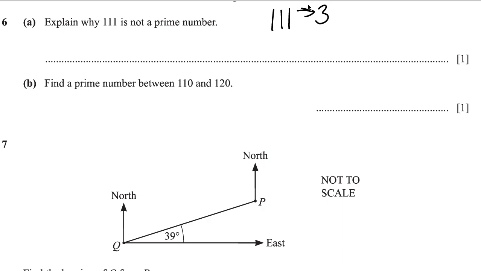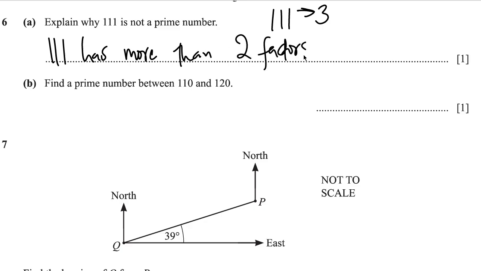And the divisibility rule for 3 is that if the sum of the digits is divisible by 3, then the number is divisible by 3. So the reason or the explanation to this is that 111 has more than 2 factors. It is divisible by 3, right? So that's the reason.